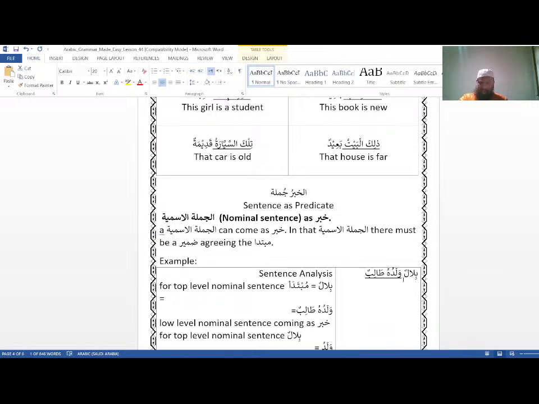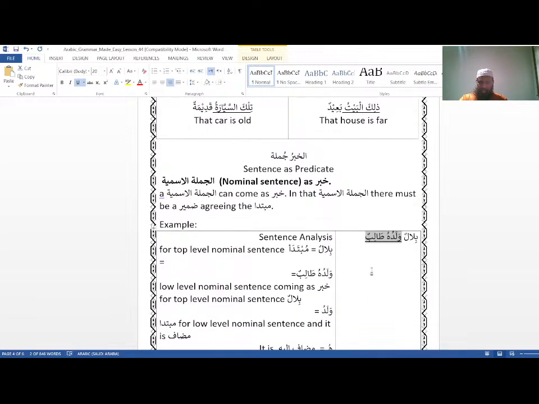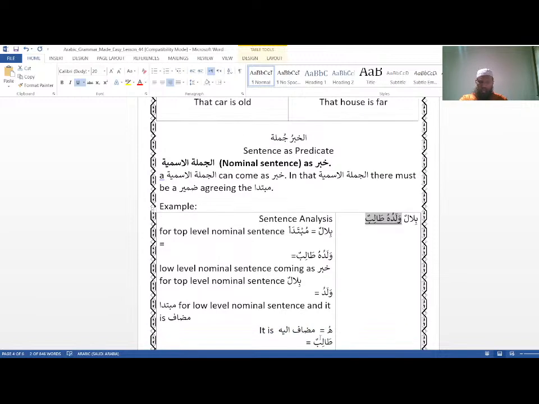Now again we need to analyze the lower level sentence, this one. So waladu is the mubtada for the low level nominal sentence and it's mudaf. Who is mudaf ilayhi?